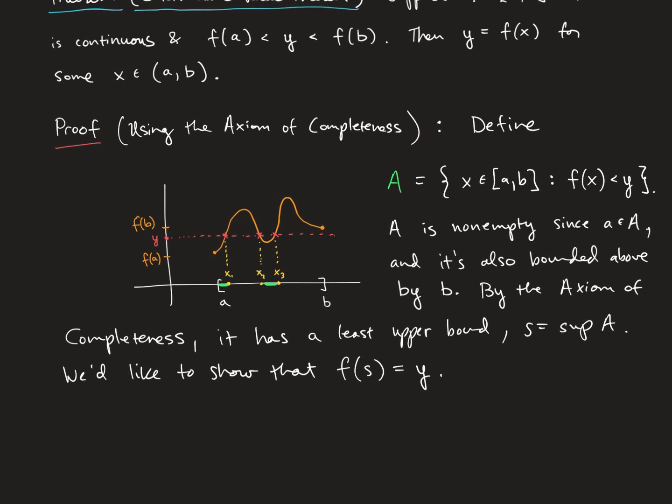We'll do this by ruling out f of s less than y and f of s greater than y by contradiction.